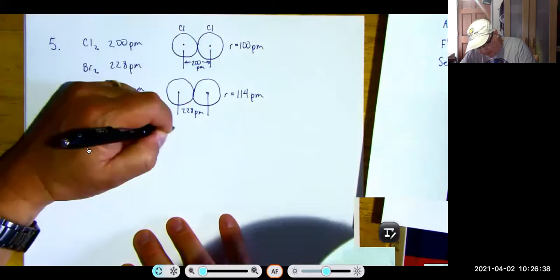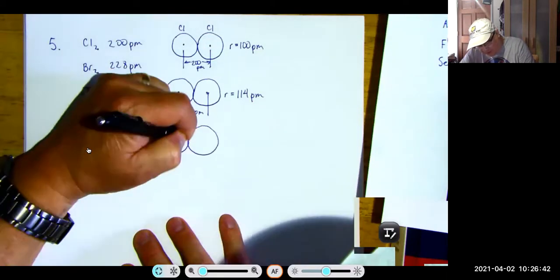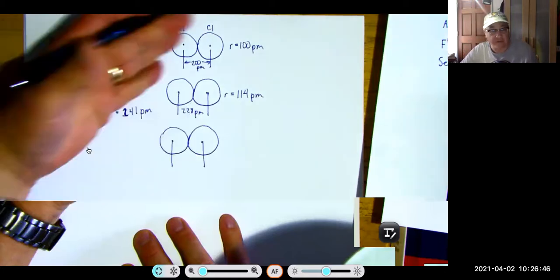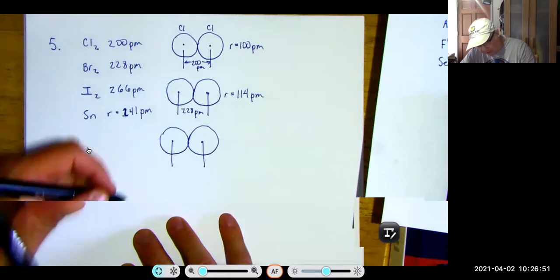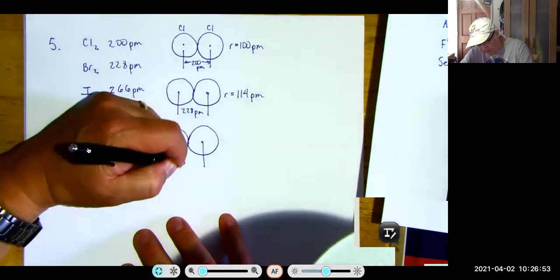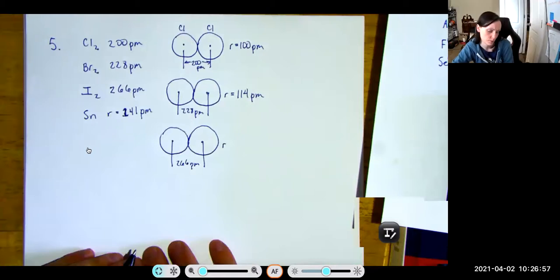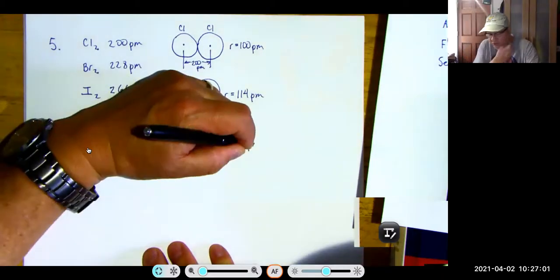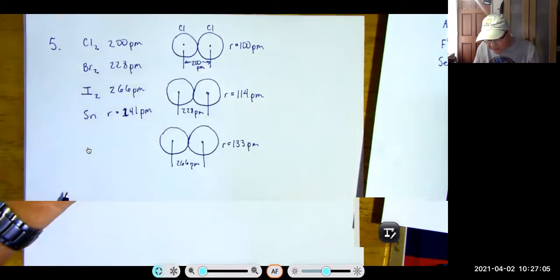And then for iodine, which is even bigger than bromine, and I'm not trying to draw these to scale. I'm just trying to make them so they look like they're getting farther and farther apart. That's all. The nuclei, that is. So this is 266 picometers. And what is the radius? 133? Okay.